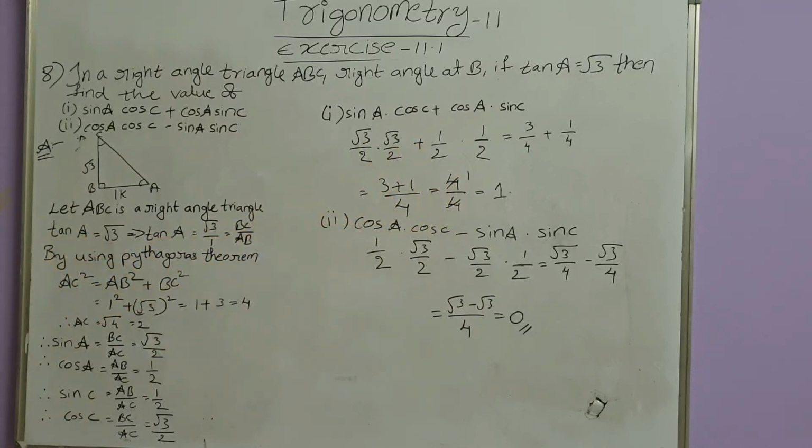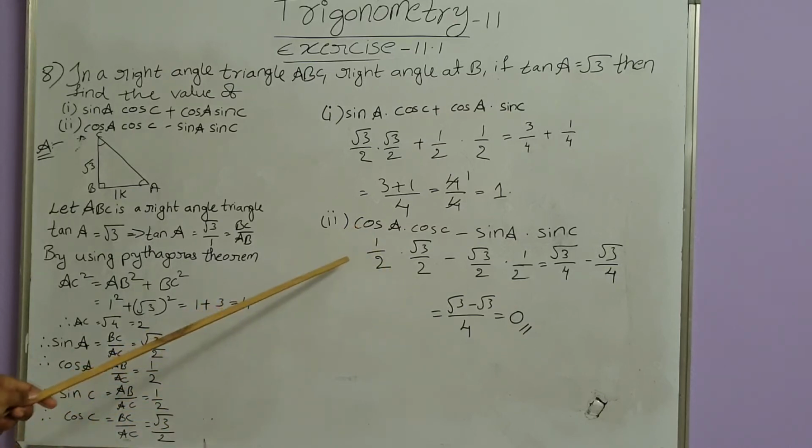And the second one, cos A cos C minus sin A into sin C. Cos A value is 1 by 2. Cos C value is root 3 by 2, minus sin A value is root 3 by 2 into sin C value is 1 by 2.